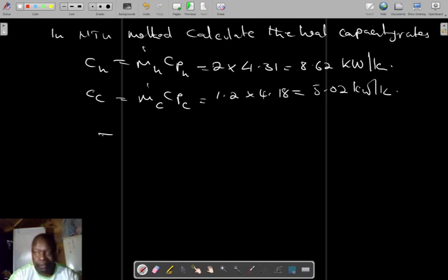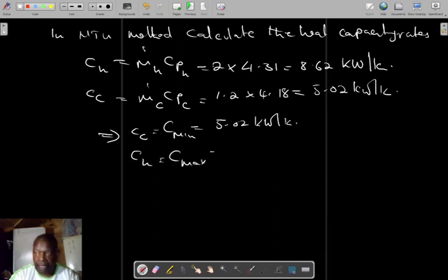So we can see that CC is equal to C minimum, 5.02 kilowatts per Kelvin, and CH is equal to C maximum, 8.62 kilowatt per Kelvin.